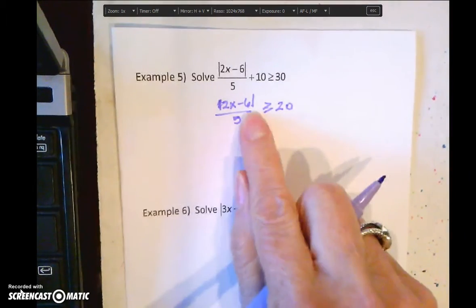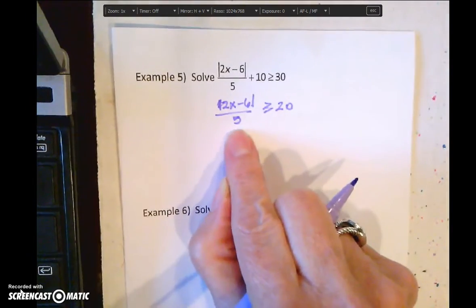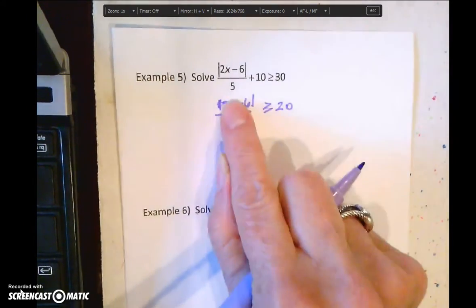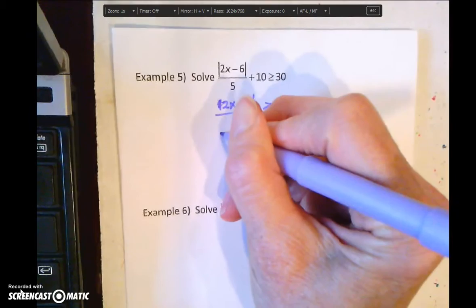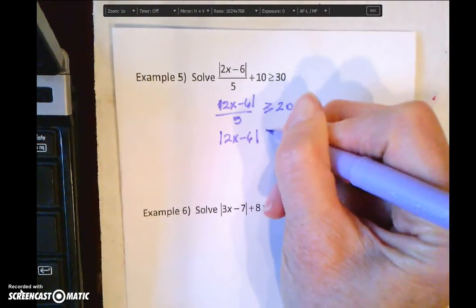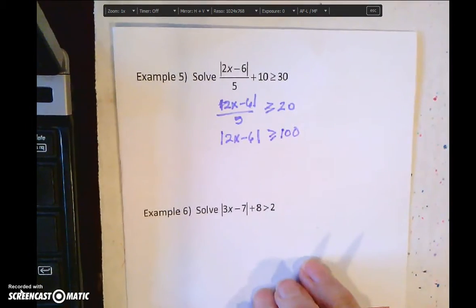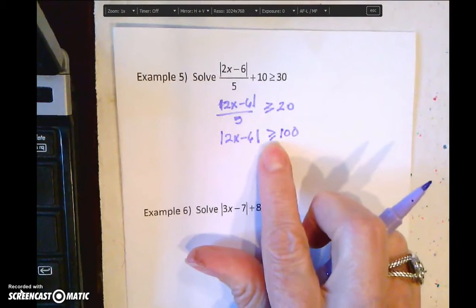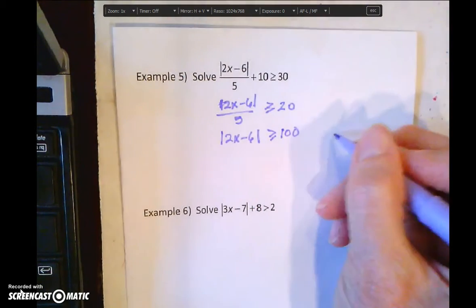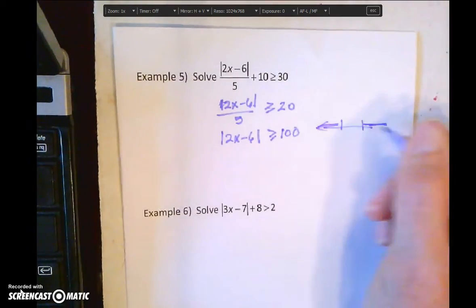Then I've got this divide by 5, which is not inside the absolute value, so I'm going to multiply by 5 to isolate my absolute value. So absolute value of 2x minus 6 is greater than or equal to 100. Now I'm ready to split it apart. I see that it's greater than, so it's going to look like this and this.